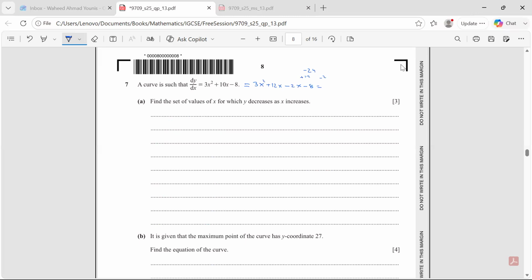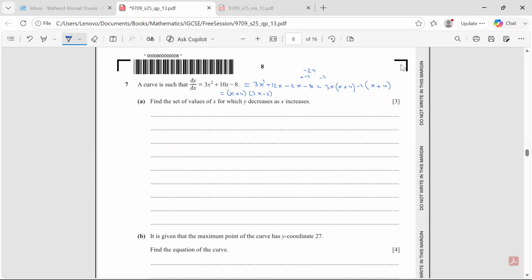So if I take 3x common, it is x plus 4. And if I take minus 2 common, it will be x plus 4. So this gives me x plus 4 and 3x minus 2.